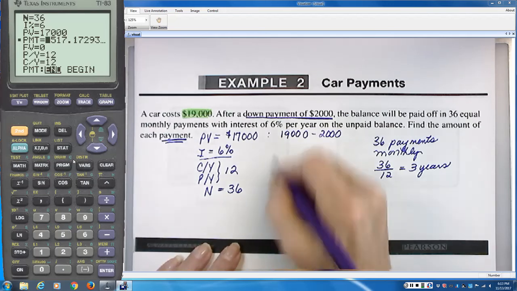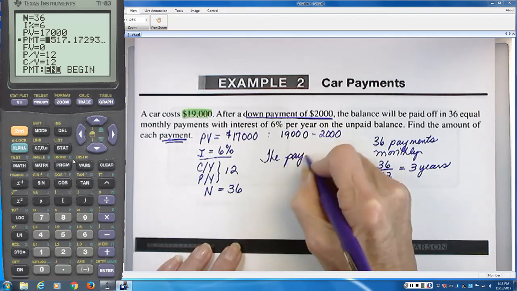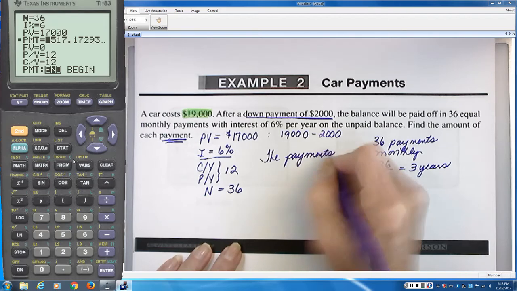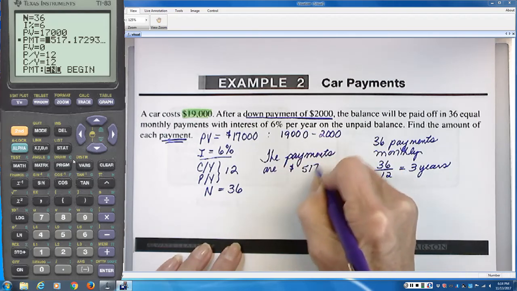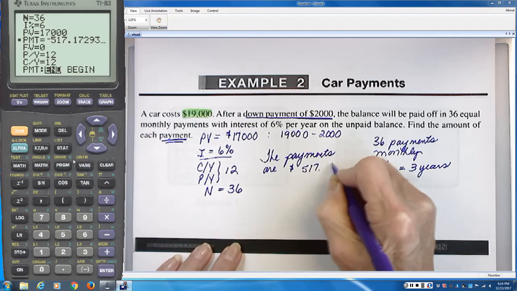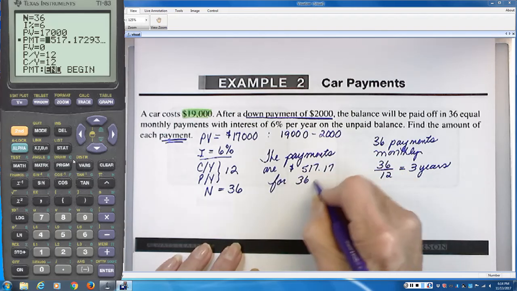So the payment amount is $517.17 for 36 months.